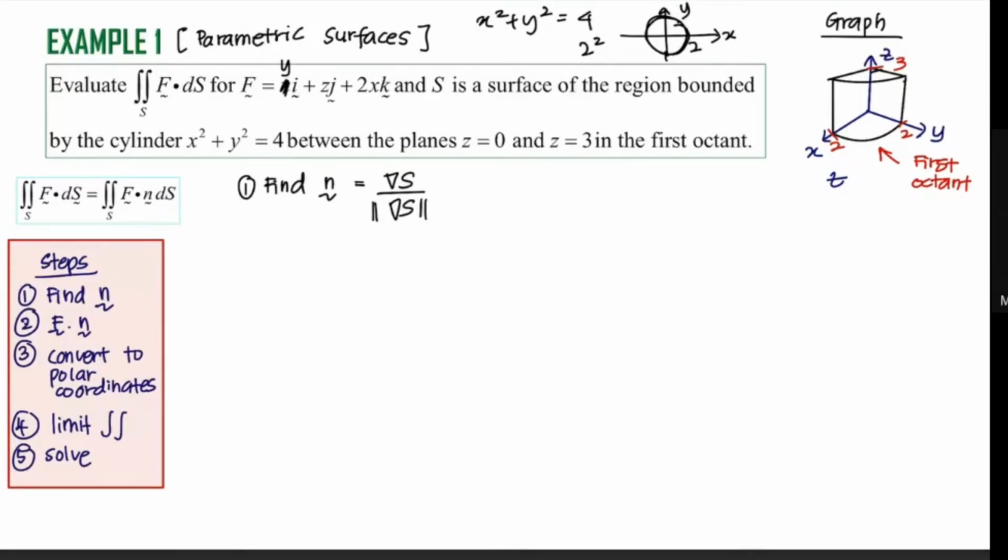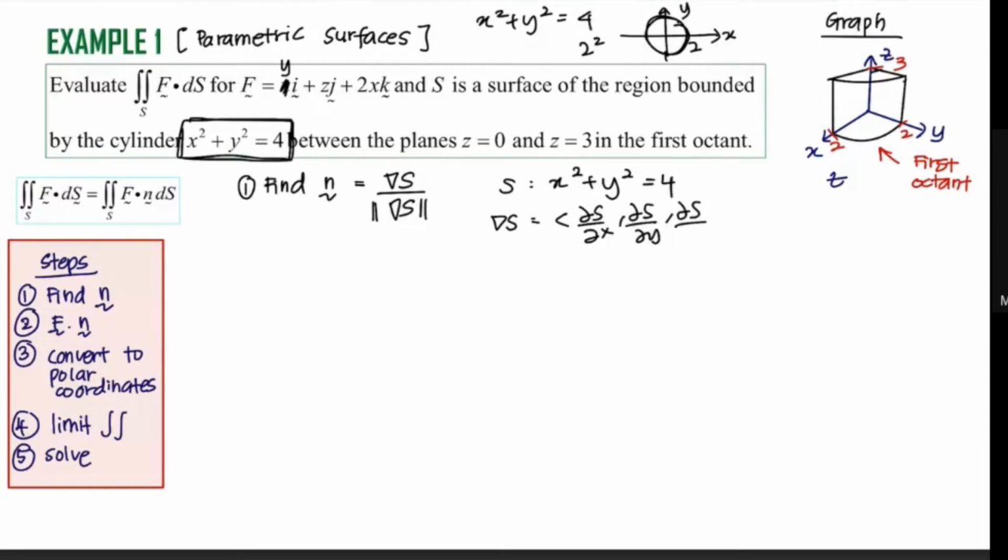Our surface here is the cylinder, S equal to x squared plus y squared equal to 4. So del S equals the derivatives of S with respect to x, y, and z. Then we get 2x, 2y, and 0.